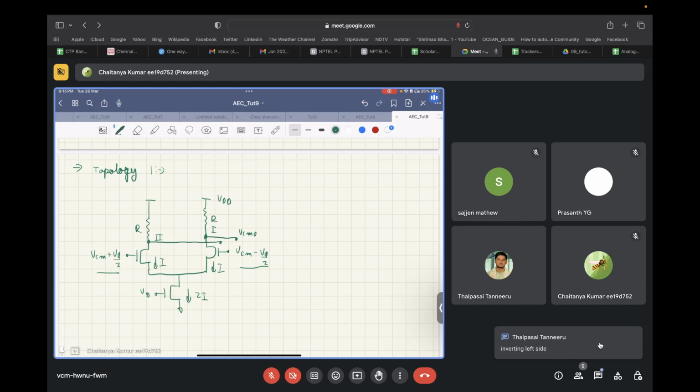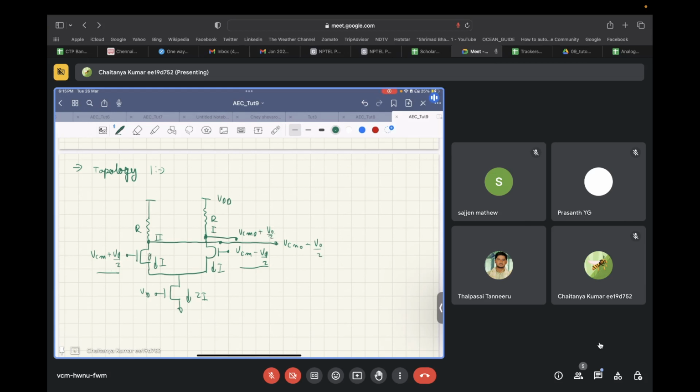Can someone tell me what, inverting on the left side? Correct. So node 2 will basically have inverting stuff. So on node 2 we will have VCM out minus V out by 2 and VCM out plus V out by 2.